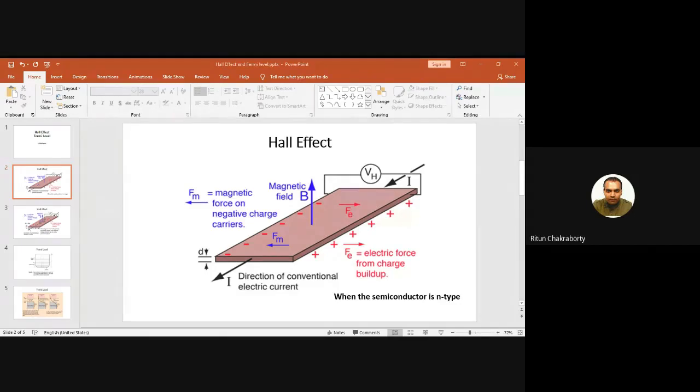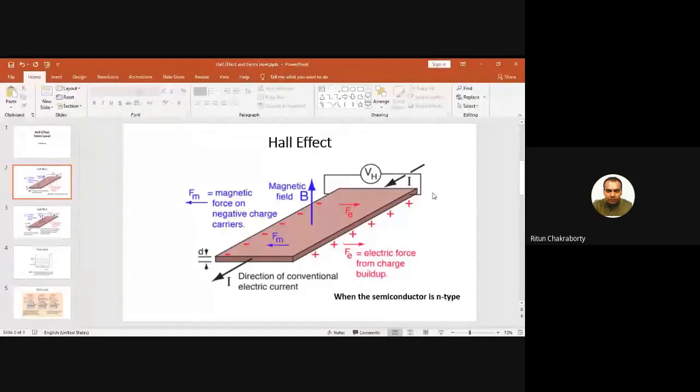So some applications of Hall effect are determination of semiconductor type, whether a semiconductor is a P-type semiconductor or an N-type semiconductor. So that can be determined from Hall measurements. Then carrier density. Carrier density means the density of carriers in the semiconductor. Okay, so this can also be measured from Hall measurements.